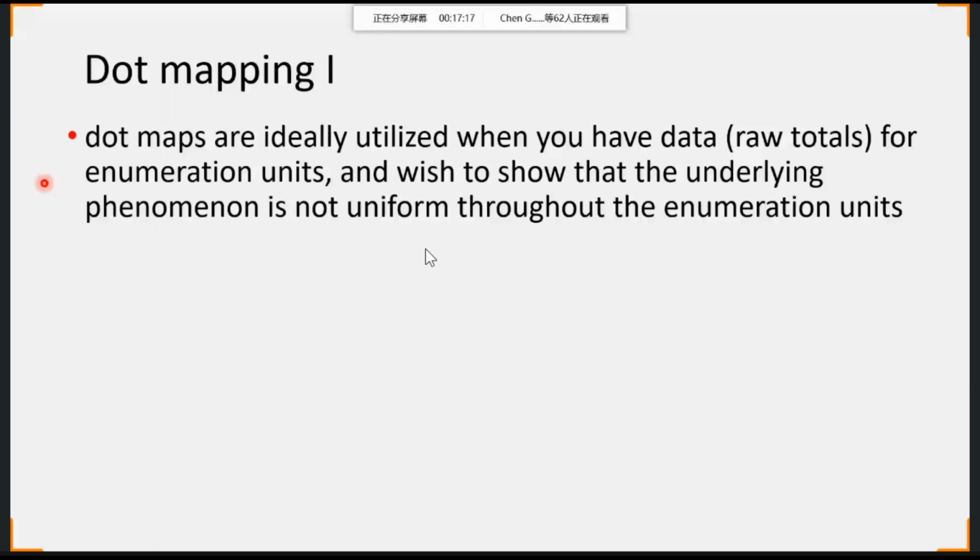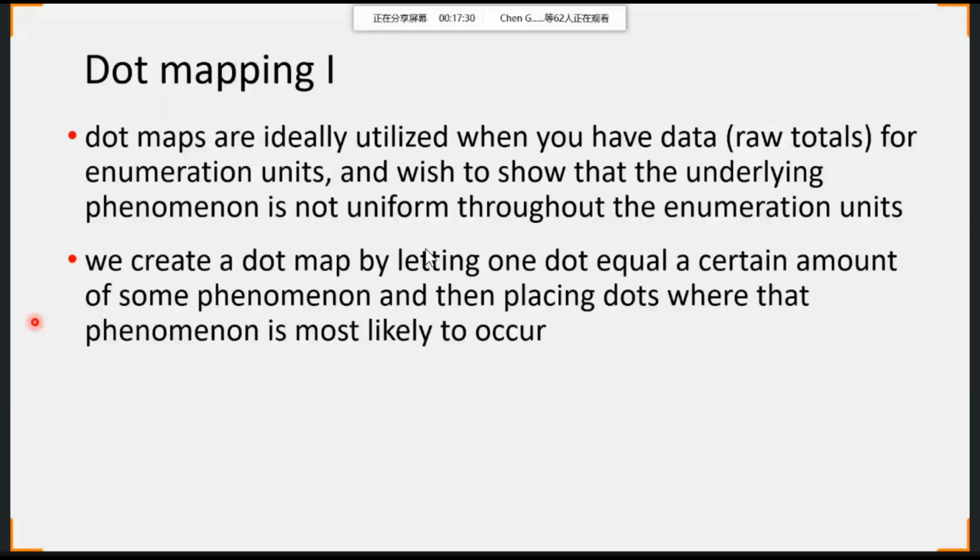And therefore we need also here more detailed data, raw data, so that we can give a better picture. We create a dot map by letting one dot equal a certain amount of some phenomenon, and then placing dots where that phenomenon is most likely to occur.